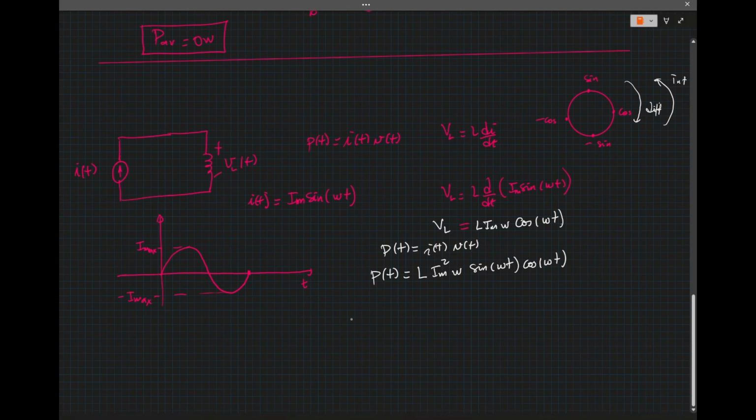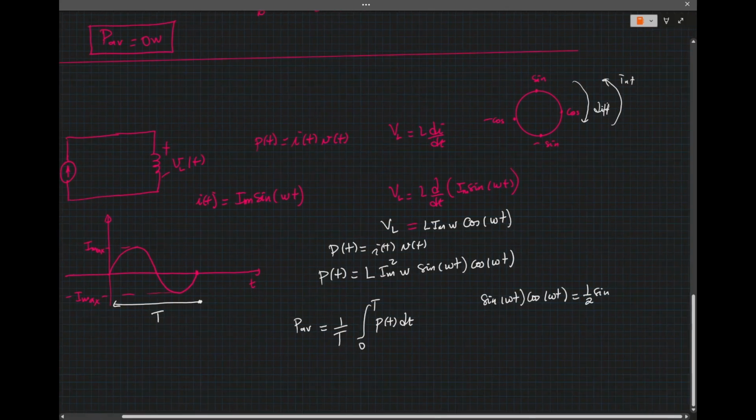If I want to find the average power, P average, I call this T the time period, the full cycle. Then I have 1 over T integral from 0 to T of p(t) dt. But I know that sine omega t times cosine omega t is equal to half sine 2 omega t.